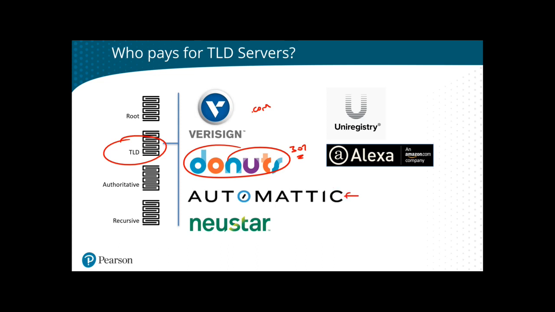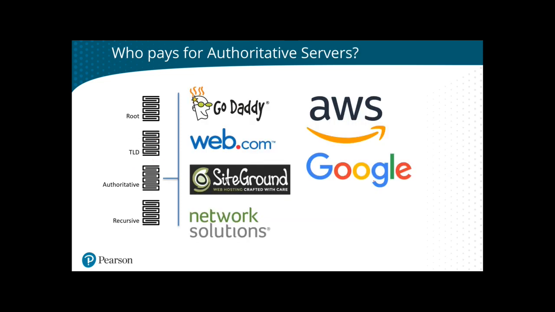Automattic is WordPress, so anything .wordpress, there's a TLD server out there for that. Newstar is another one kind of like Donuts. Then you have Alexa. Alexa manages the domains and subdomains for the Alexa line of services, their home automation stuff like that. So again, this comes out of Amazon's profit. So this is how TLD servers are paid for.